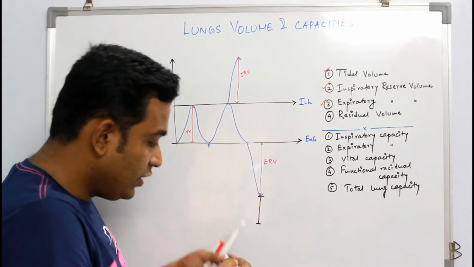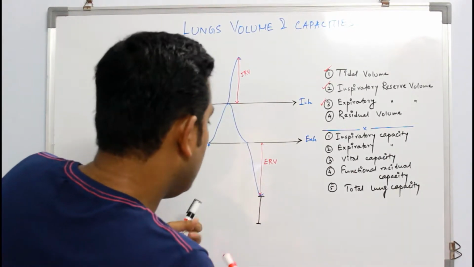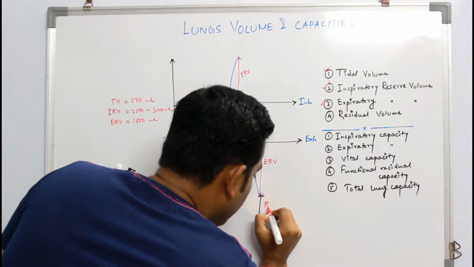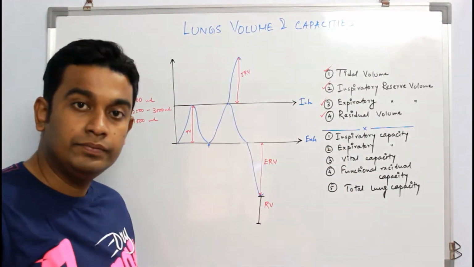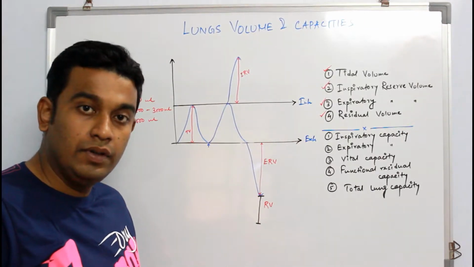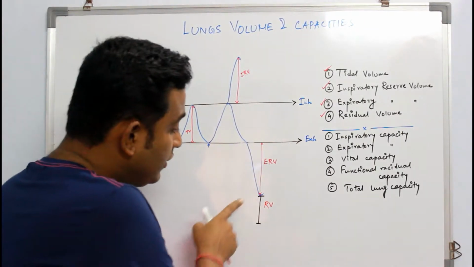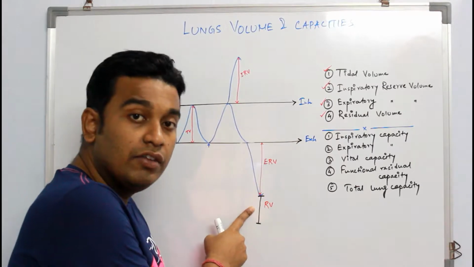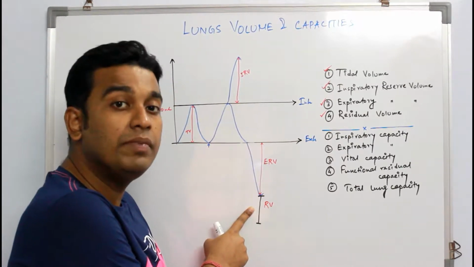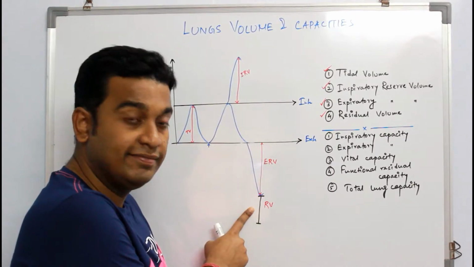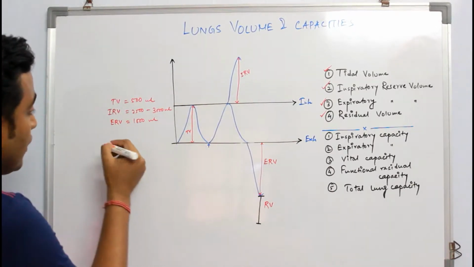So this much is what I will call residual volume. And like I've told, again I'm repeating, this is an amount of air which will never be coming out. Moral of the story, lungs will never become empty. Remember that.